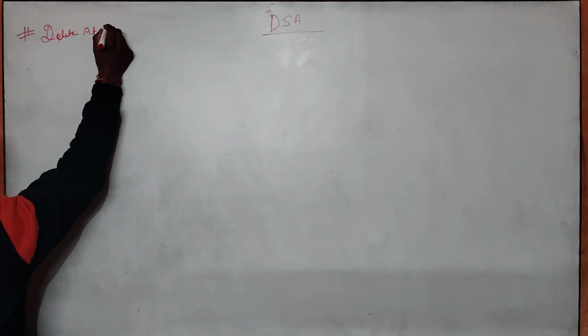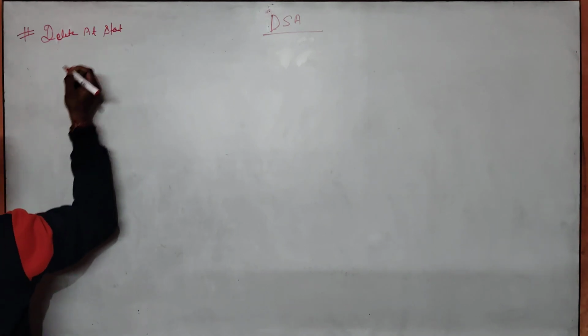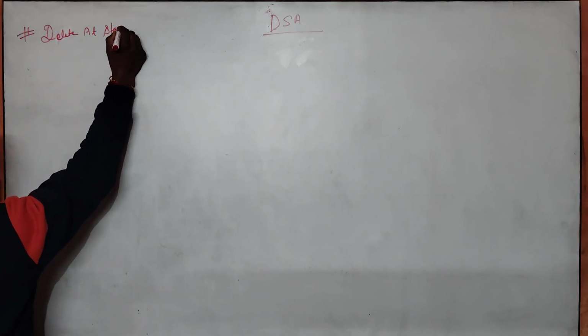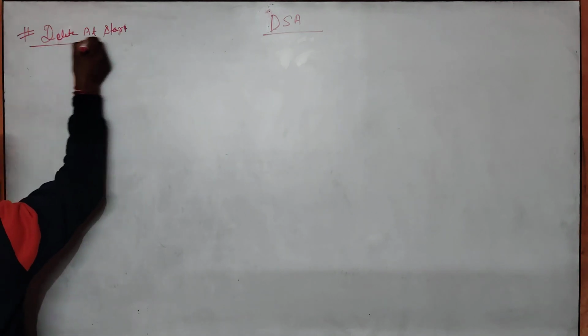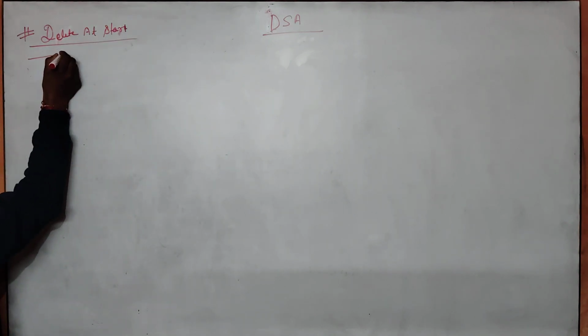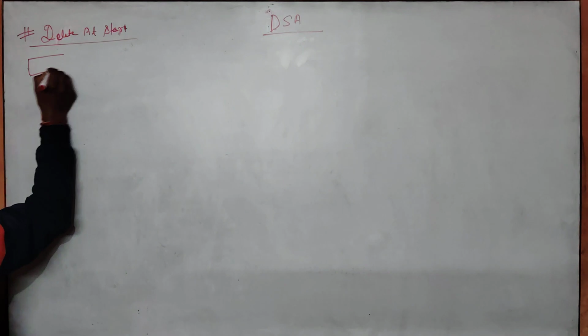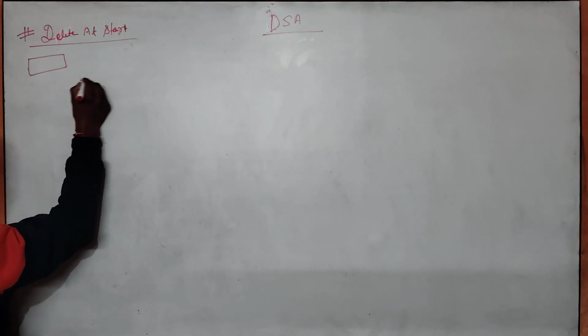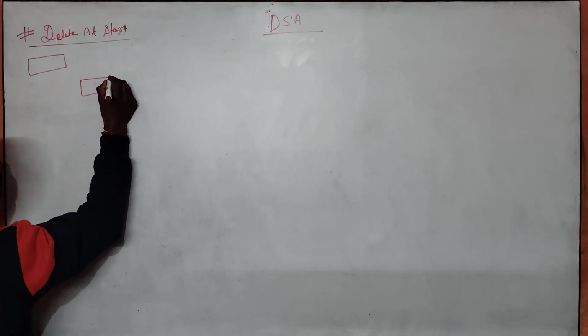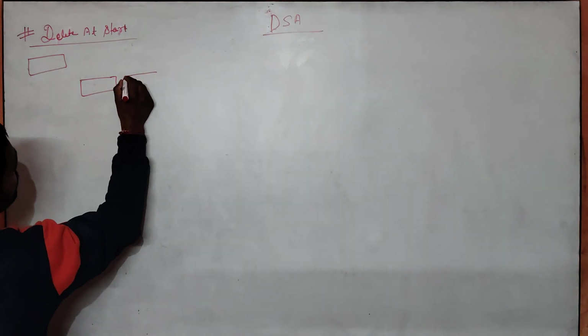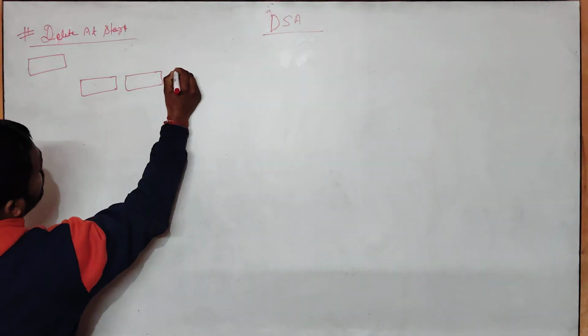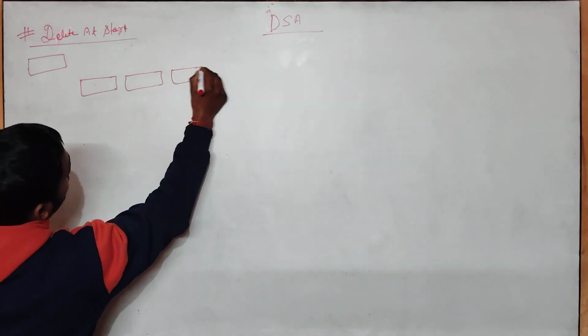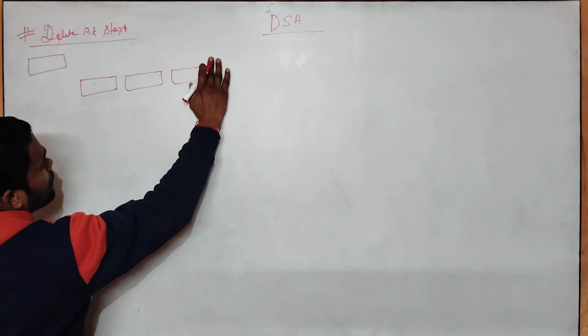Delete at start, also called delete at the beginning. How can we delete? Firstly, I make one linked list. Suppose this is our head pointer.